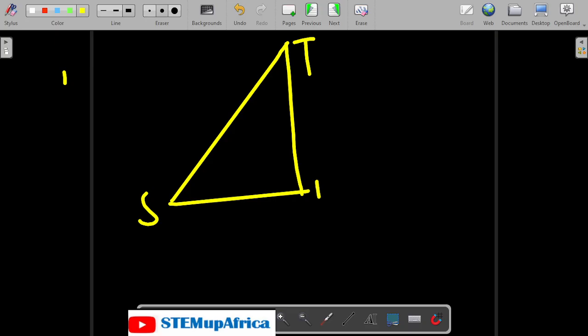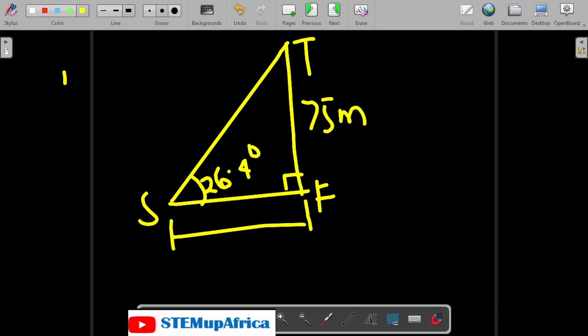Here's T, S, and F. Here's my 90 degrees, here remains 75 meters. The angle this time is 26.4 degrees. The distance from S to F is now X plus Y meters.